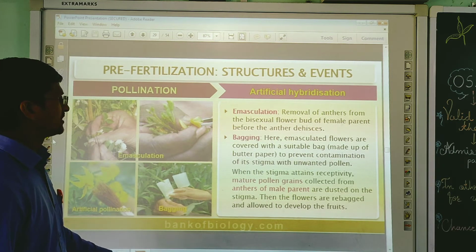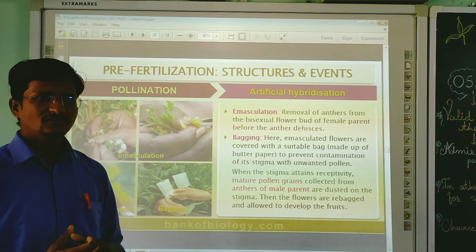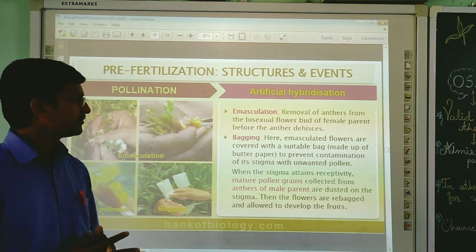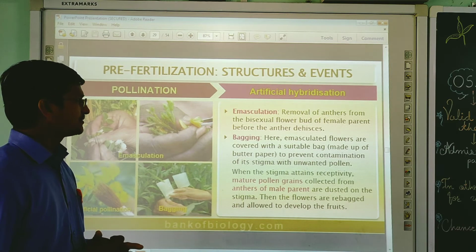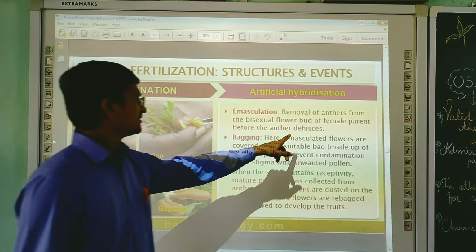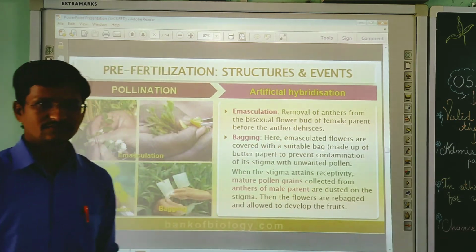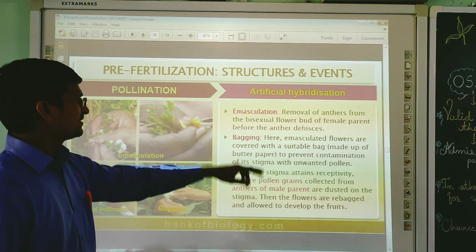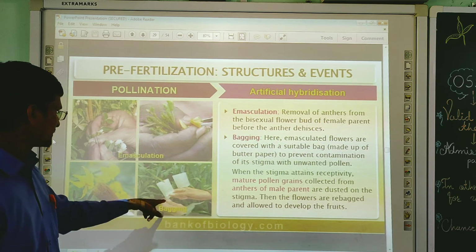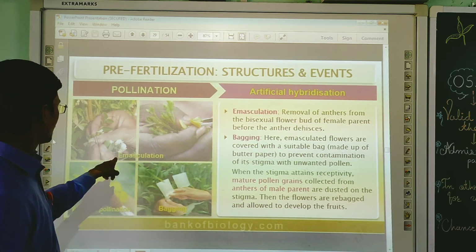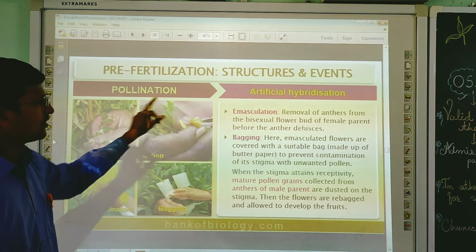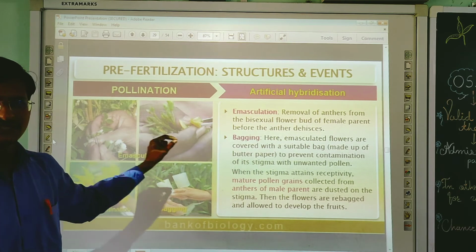First, emasculation is the removal of anthers from the bisexual flower bud of a female parent before anther dehiscence. Then bagging: here the emasculated flowers are covered with a suitable bag. You can see the bagging process here. In emasculation, the anther is removed from the bisexual flower.